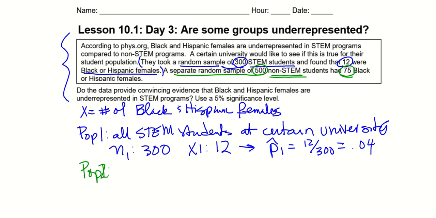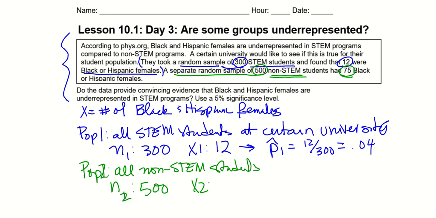Population 2 is all non-STEM students at this same university, and the sample size we get from population 2 is 500, with the count of Black and Hispanic females from that population of 75, which gives us a sample proportion from population 2 of 75 over 500, which is 0.15.